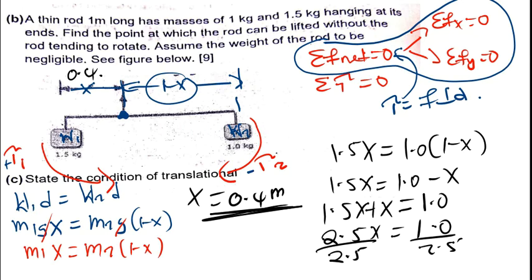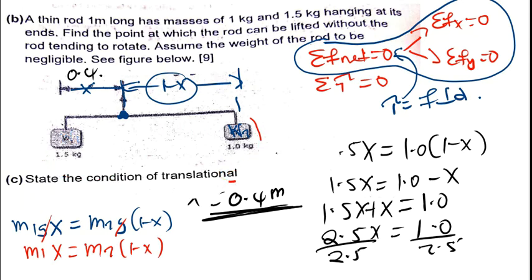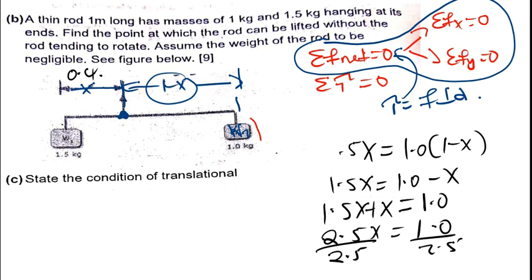Then the last question is saying, state the condition of translational equilibrium. So translational is something that is moving, either in the x direction or in just the y direction. So the condition is that the sum of the external forces should be equal to 0.